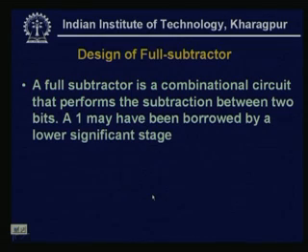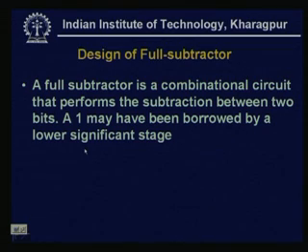Now, design of a full subtractor. So, just like the addition operation or the full adder circuit, now we can define a full subtractor as a combinational circuit that performs the subtraction between two bits. A 1 may have been borrowed by a lower significant stage.